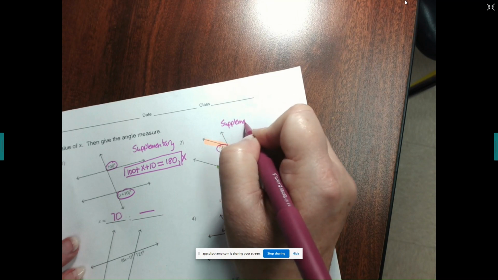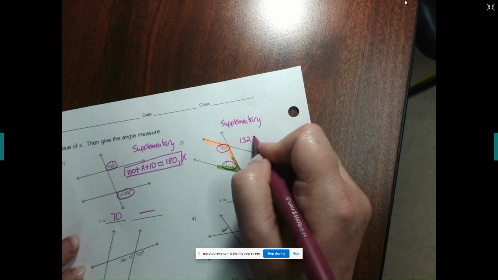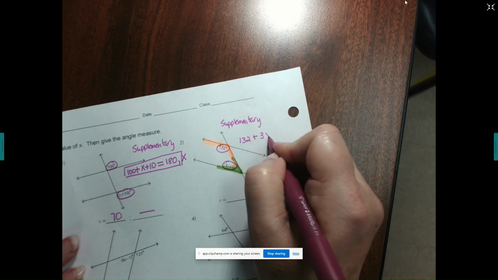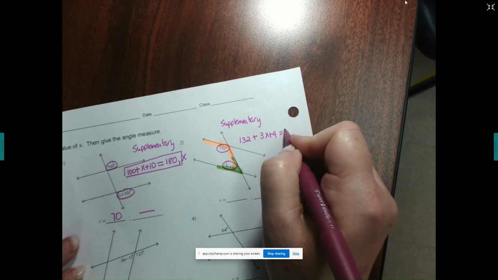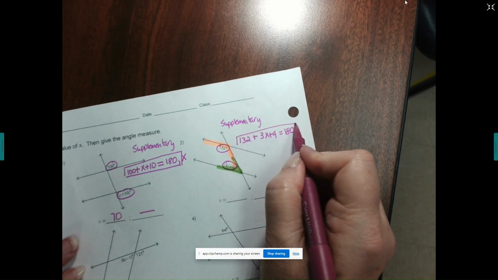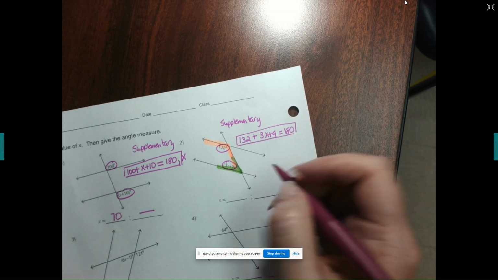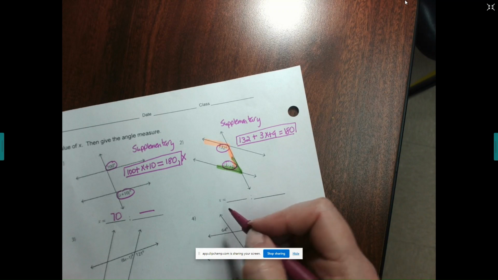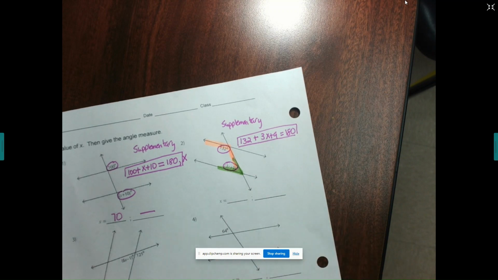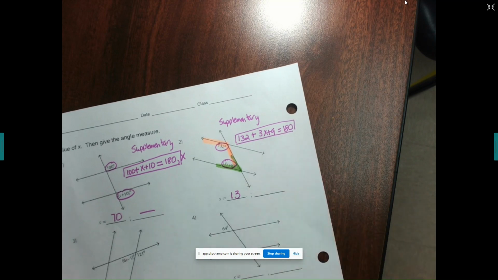So that means that the 2 angles add up: 132 plus 3x plus 9 has to equal 180 degrees. This is all I want to see for your homework. When you get to class tomorrow, you can nSolve it, and you will see that x equals, I think we got 13 on this one. But again, this is all I want to see on the homework.